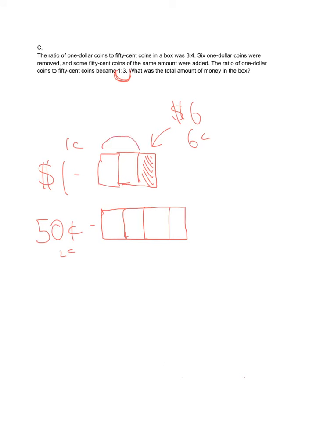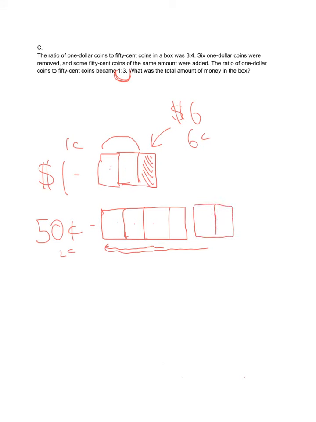Now, how many units do I need to add to the 50-cent coin section down here in order to end up with a 1 to 3 ratio? Well, for every 1 unit, I'm supposed to have 3 units down here. Well, 1 unit, 3 units. But if I have 2 units, how many should I have? 1 to 3, 2 to 6.